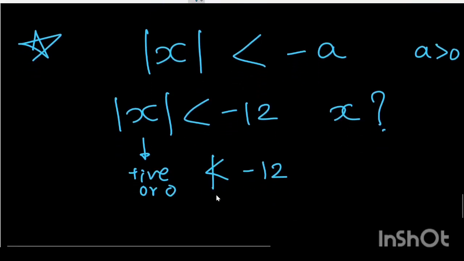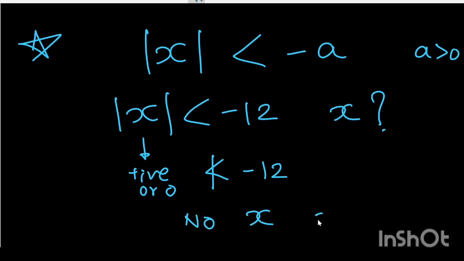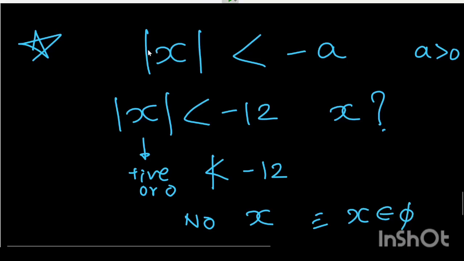It can never be lesser than minus 12. So no x is possible, or we can say no solution, x belongs to phi. So when |x| is less than minus a, which is not possible, we can directly say x is phi, or no solution, or no x is possible, guys.